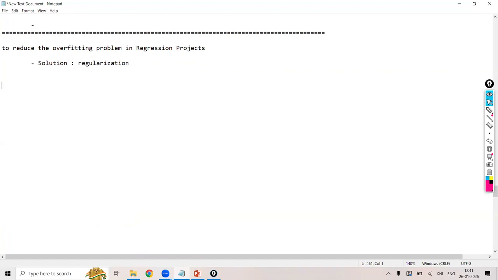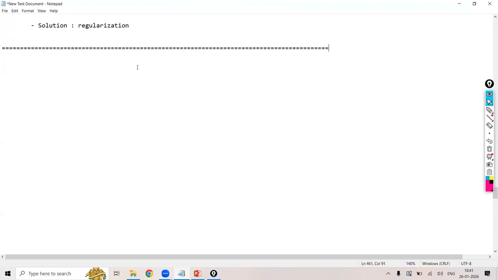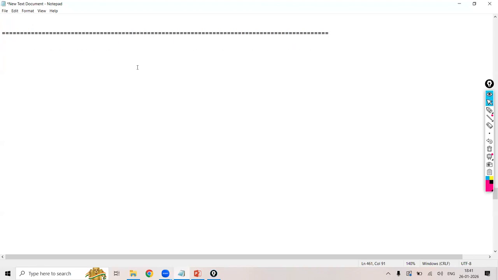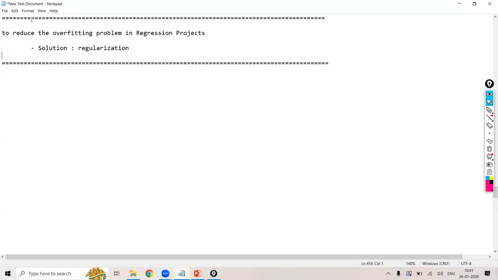Now in regularization, what happens? I will tell you with a small example, guys, where you have to think of how we can apply regularization. If you understand this logic, that logic is directly relevant to regularization. You only have to tell me the answer.